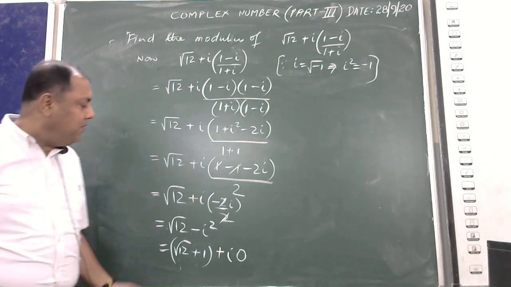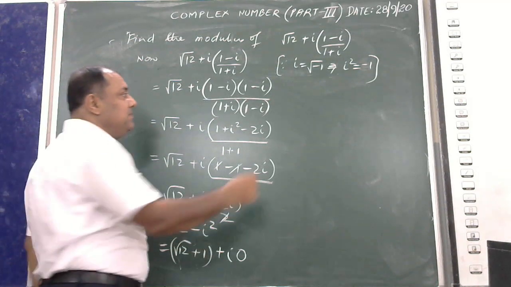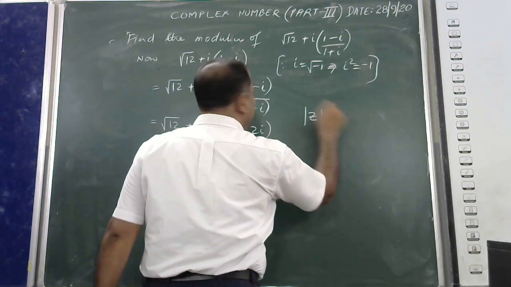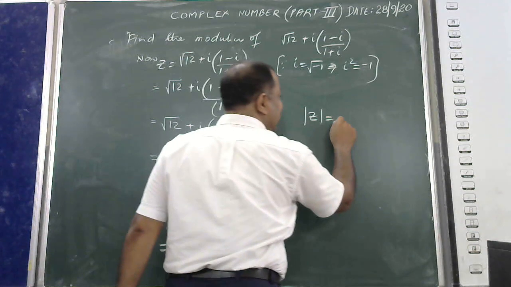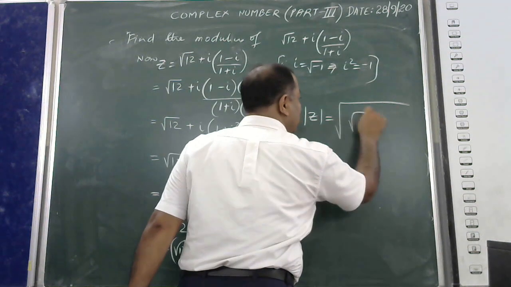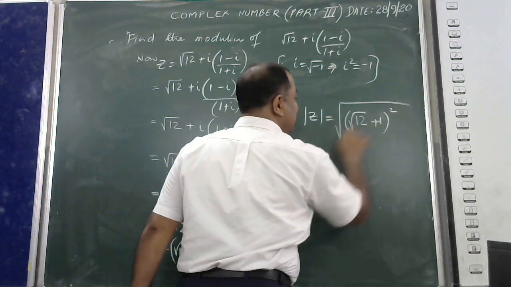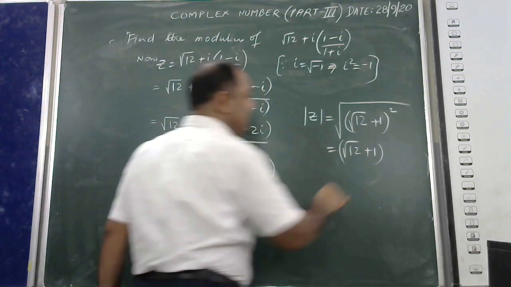So now it reduces to this form. And if the modulus of z, or the modulus of this complex number z, is equal to root over root 12 plus 1 whole square, it is root 12 plus 1.